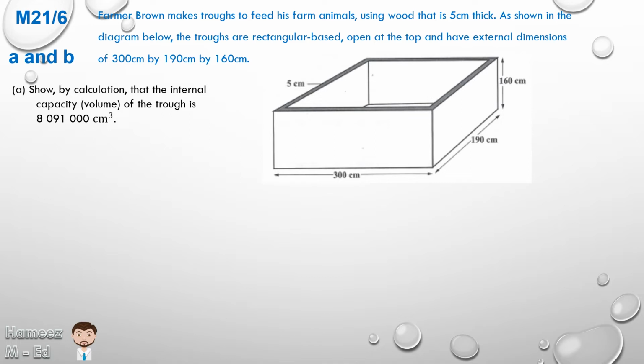So let's recall that volume would be length times breadth times height for a cuboid. Now, what is the internal length?